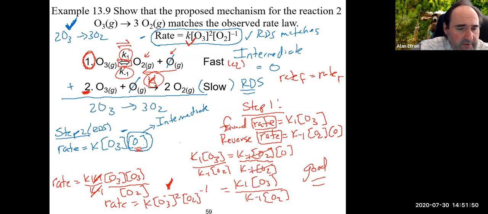And if you remember earlier on in this chapter, the one thing that is a constant value for a reaction at a specific temperature is the value of K. So although we don't know what it is, all three of those numbers technically should be the same number. And that's why when we get two of them like this, they technically should cancel out. And it really just leaves you with the overall rate constant for the reaction. Other questions on that?